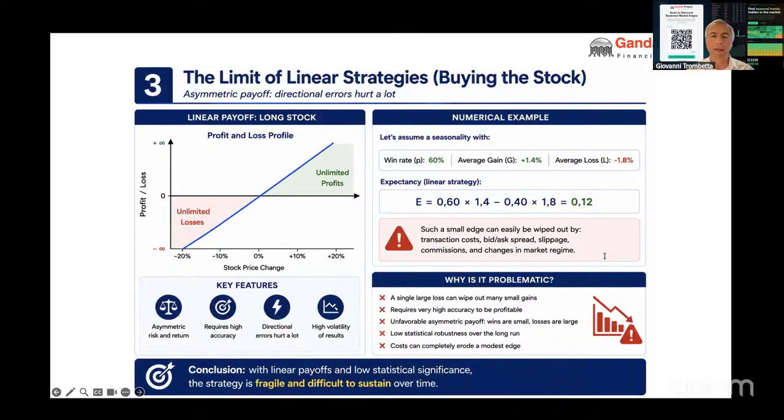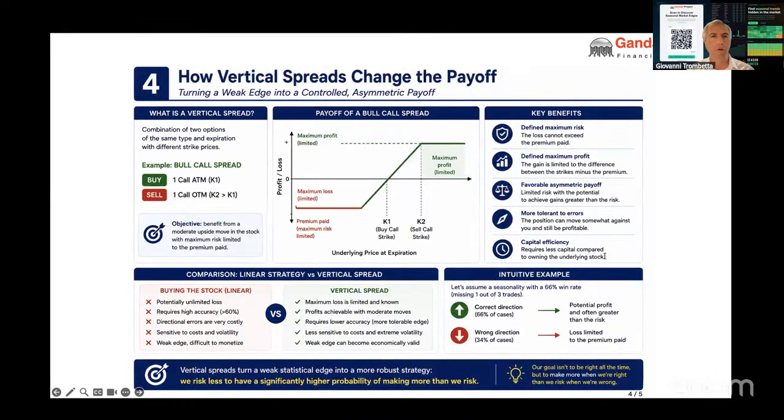Instead of improving the forecast, we can use options to make the strategy more tolerant to mistakes. This is the part in which Fabio comes in. Fabio, let me say just a few words before giving you the word, if you want to add something on this topic or you want to just jump in the tool. In that case, instead of trying to improve the forecast, we can improve the payoff structure.